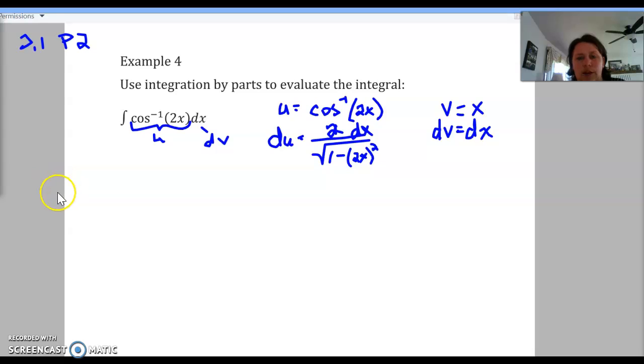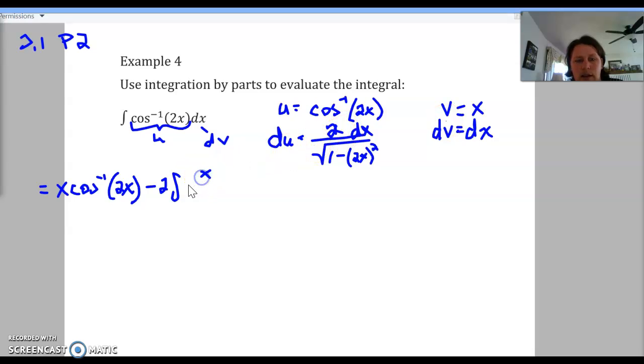So now we've got u, which is the arc cosine of 2x, times v, which is x. Put that out front: uv minus the integral of v du. Can pull this 2 out in front, and then this x we can put in the numerator.